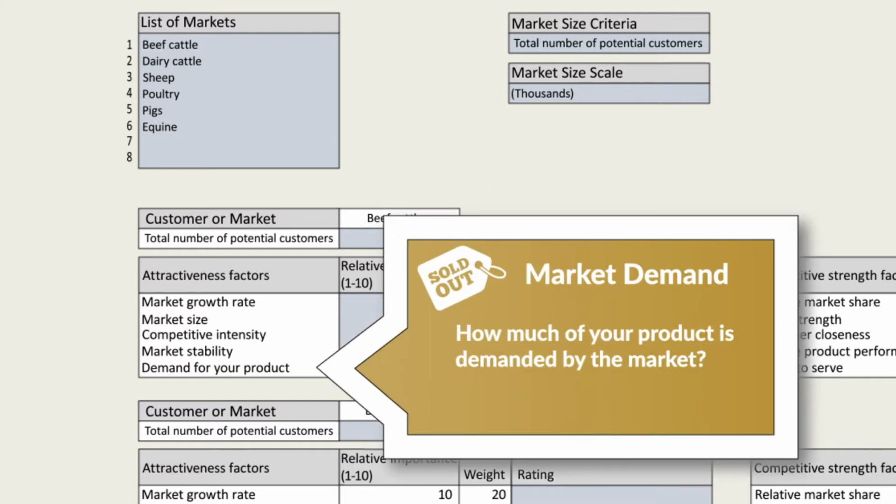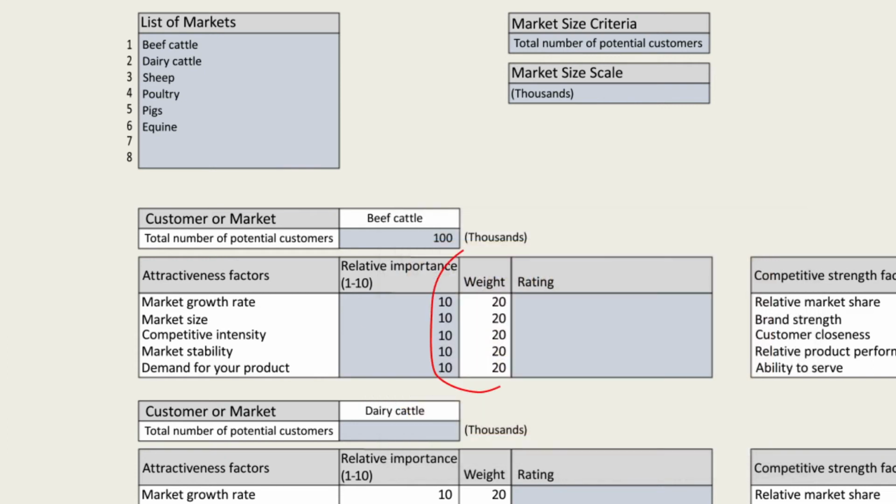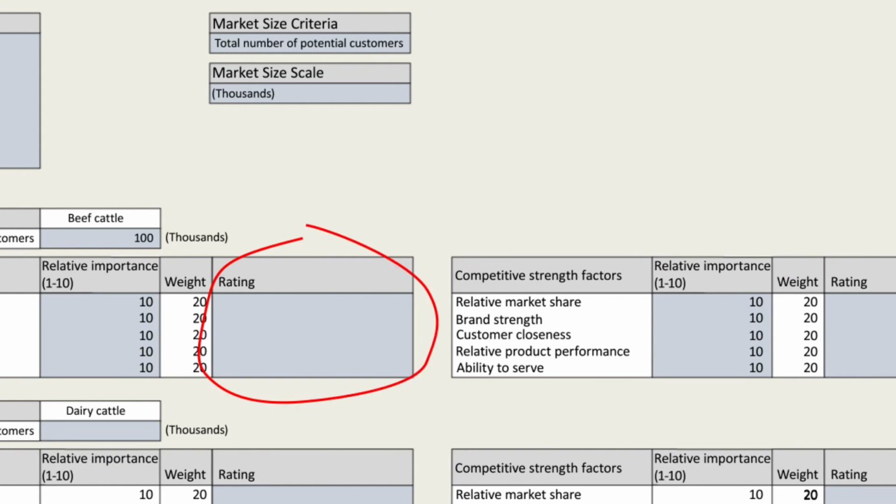And finally, demand for your product or service is about the amount and frequency of your product that is demanded by this market. Now, currently, the relative weighting of each attractiveness factor is equal, and we're going to leave it that way for now, but we will come back to it before we end this video. So now you rate each attractiveness factor for the market in question using these drop-down lists.